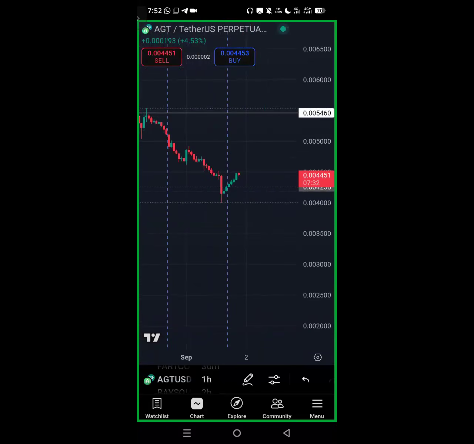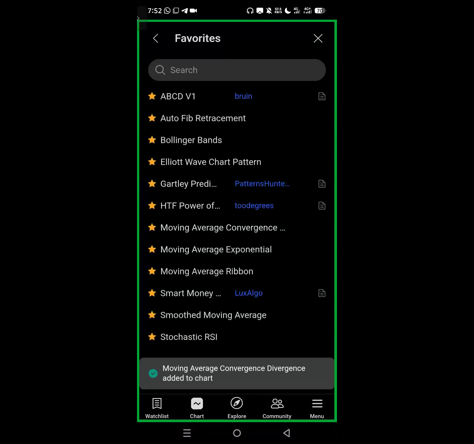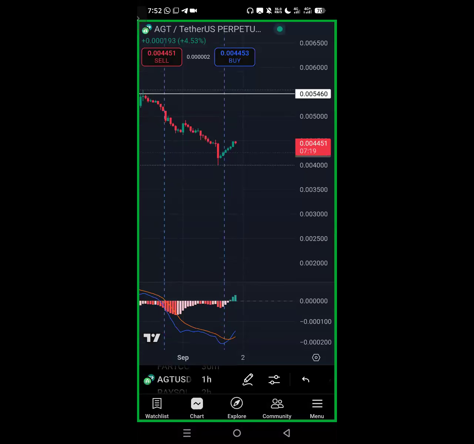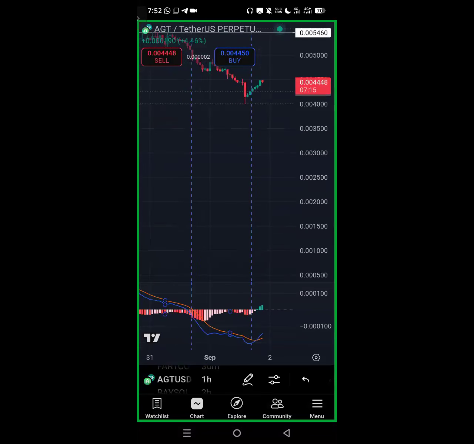Let me bring the indicator called the MACD. Okay. So this is the MACD indicator. This is how it appears.